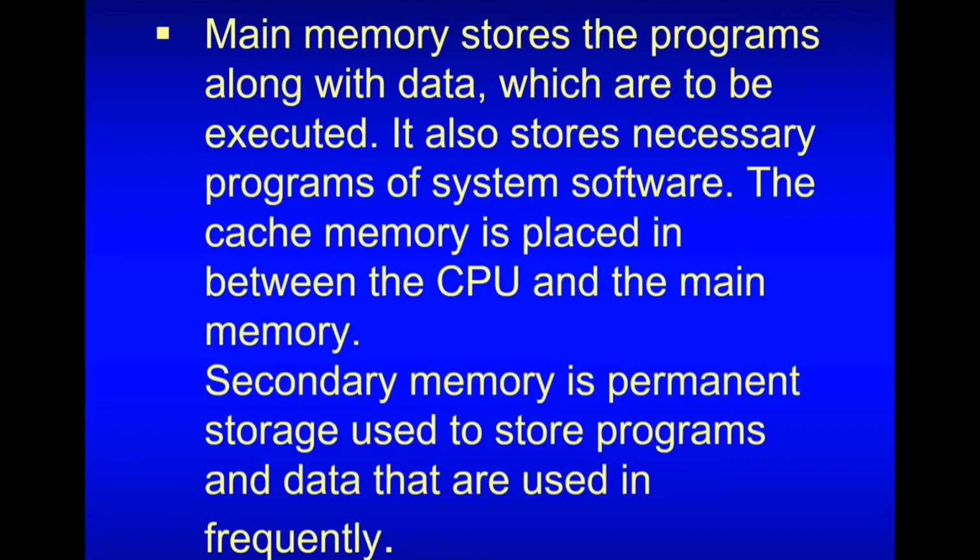So whenever a particular program or function has to be executed, the data will be taken out of the secondary memory and put into cache memory, so that whenever the microprocessor accesses the data, it can easily access it from the fast memory, that is cache memory, and the process becomes fast. So that is the objective of all these basic types of memories.